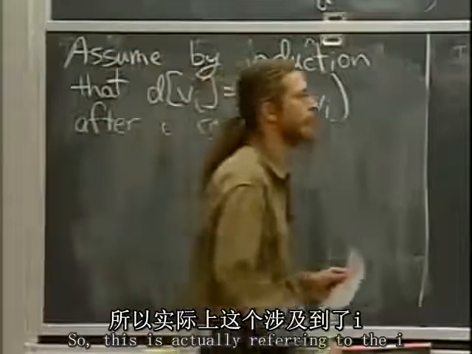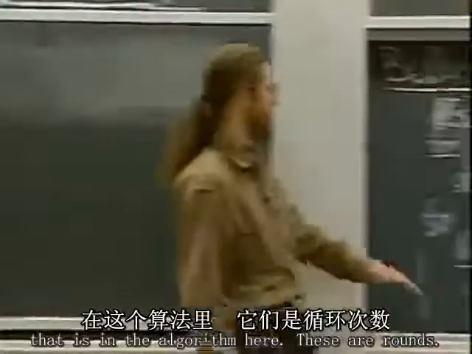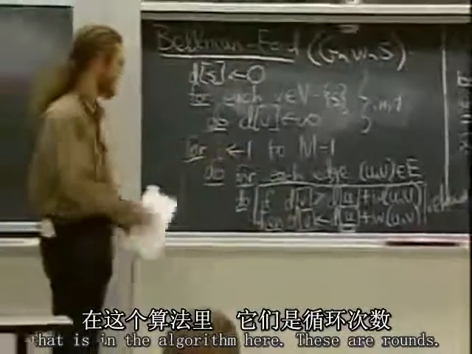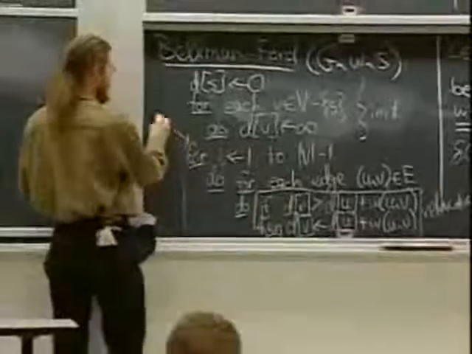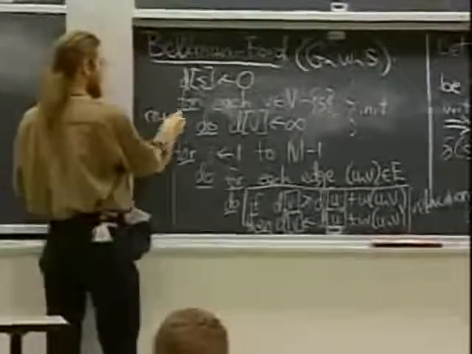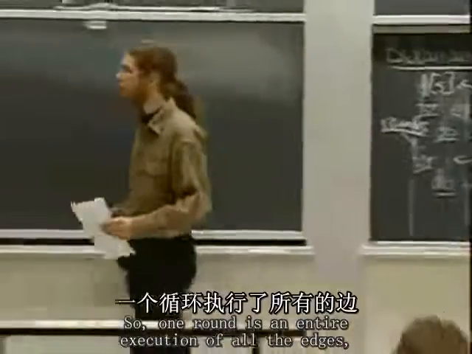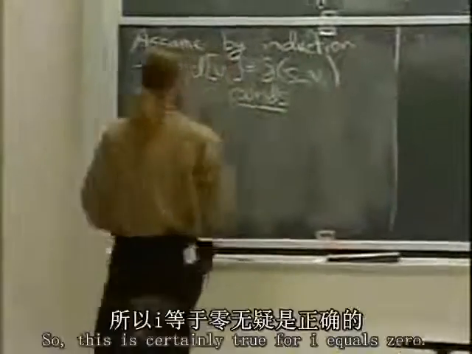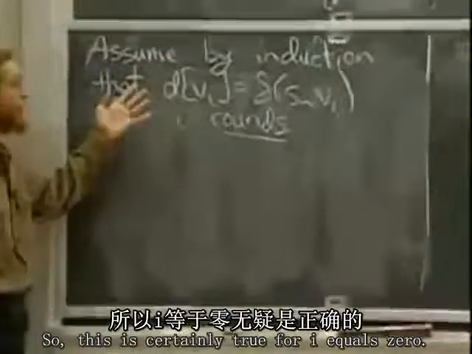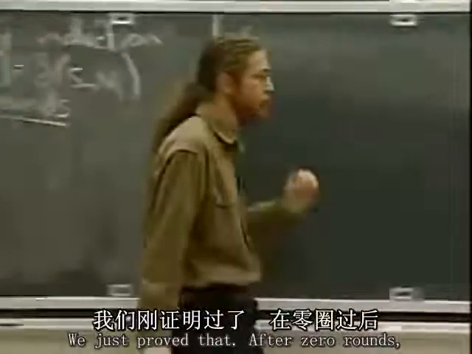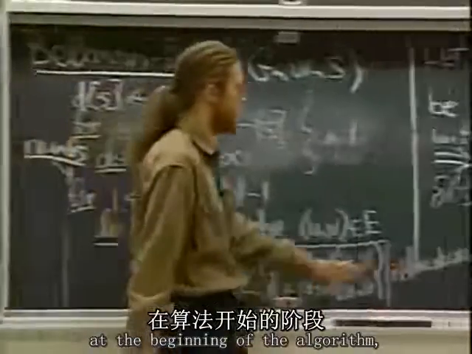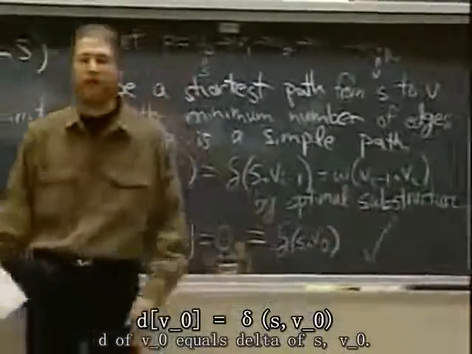So this is actually referring to the i that is in the algorithm here. These are rounds. One round is an entire execution of all the edges, relaxation of all the edges. So this is certainly true for i equals 0. We just proved that. After 0 rounds, at the beginning of the algorithm, d of v0 equals delta of s v0.